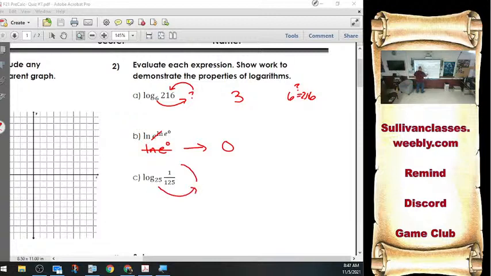Okay. If I know that 25 to the something is 1 over 125, then I can write 5 squared to the x is 5 to the negative third. One-to-one property, 2x equals negative 3, and solve. Okay.